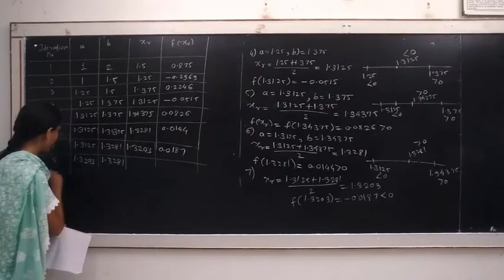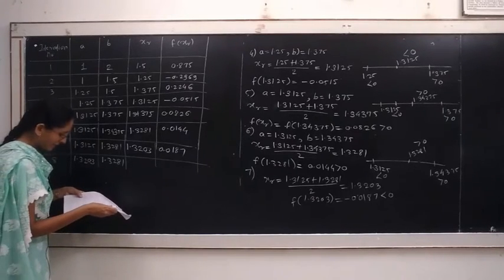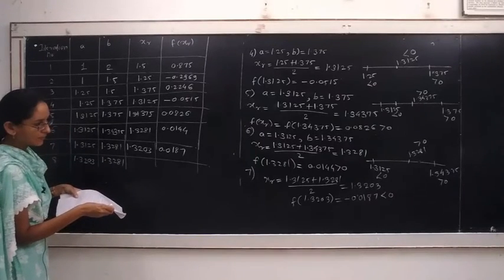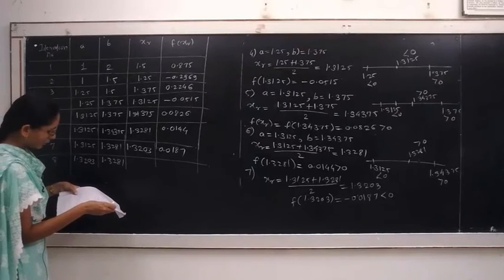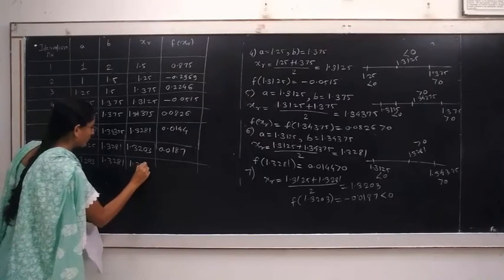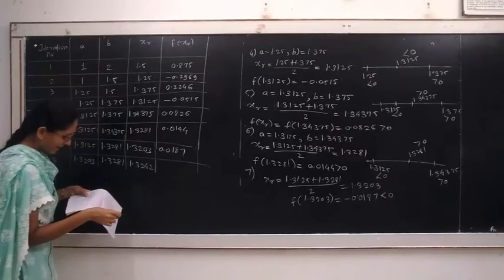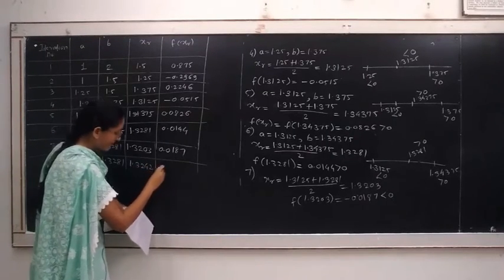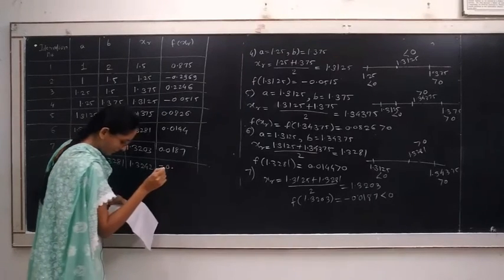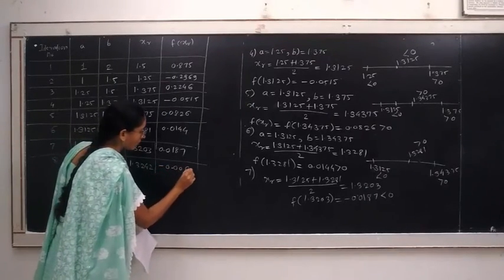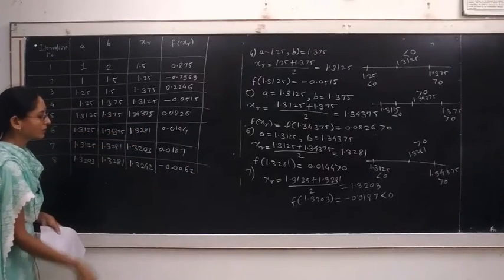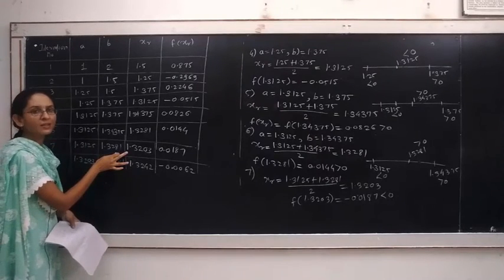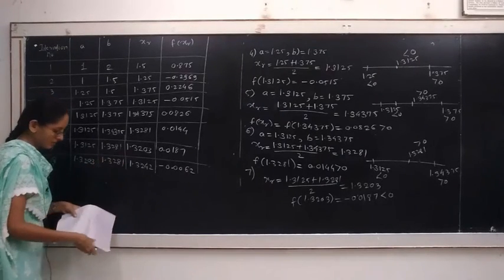In the 8th iteration, the value of XR is given by 1.3242 and F gives the value at 1.3242 as minus 0.0062. Now the answer is same up to 2 decimal places. We want the answer to be correct up to 3 decimal places.